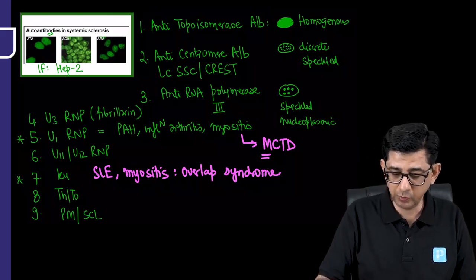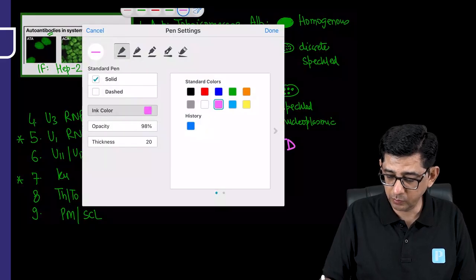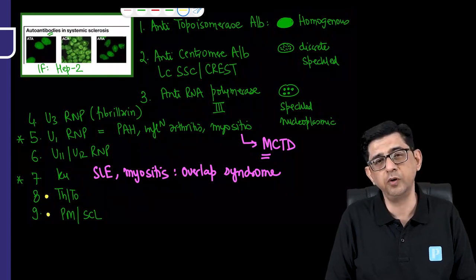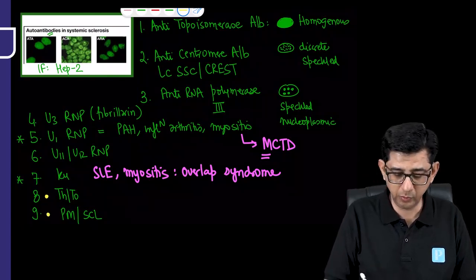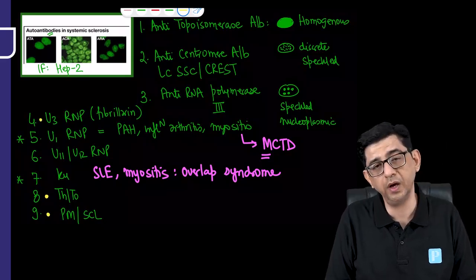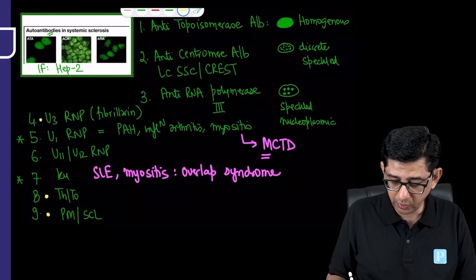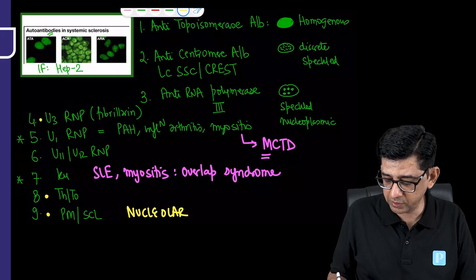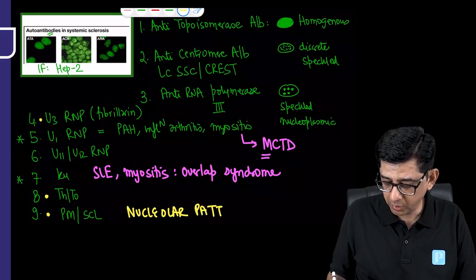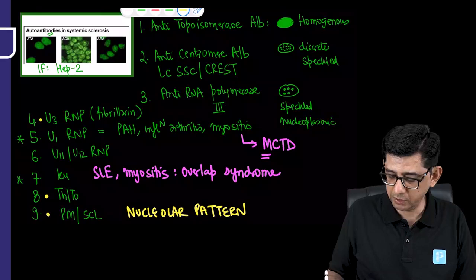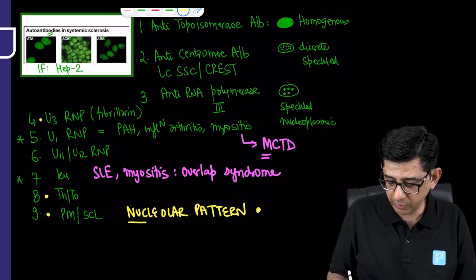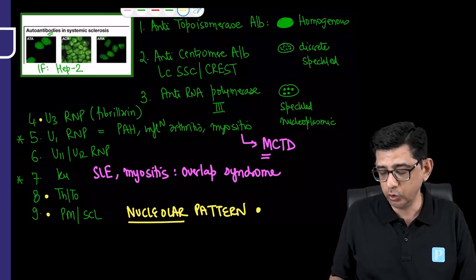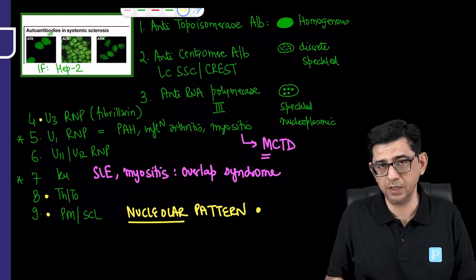Having said that, I'll just put another color coding here, to highlight a speciality. I put some dots for point number 8 and 9, and I've also put a yellow dot for U3RNP. These are the ones which are described to be having a nucleolar pattern of immunofluorescence. Wherever the yellow dot is present, you will answer the MCQ from an integrated pathology perspective as nucleolar pattern of immunofluorescence staining.